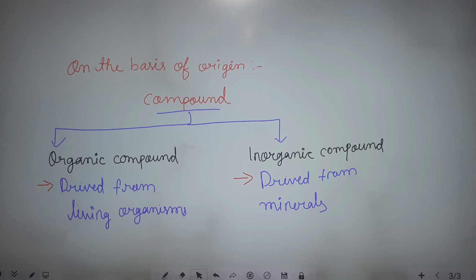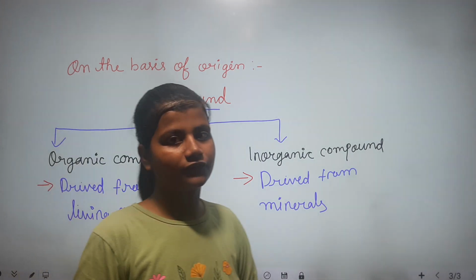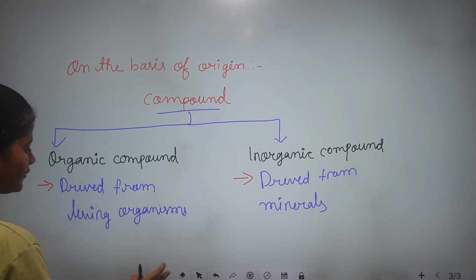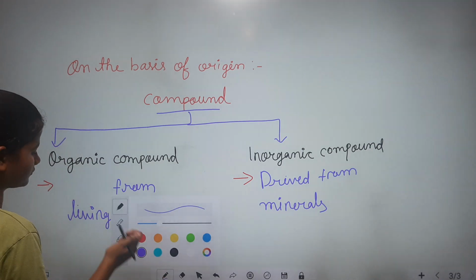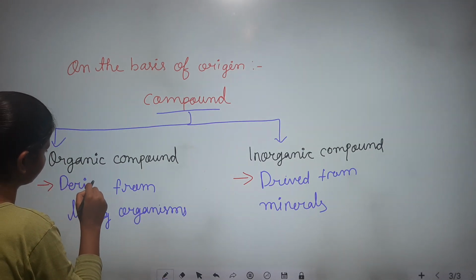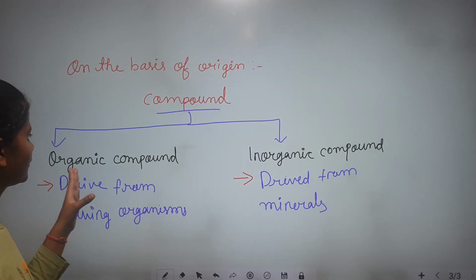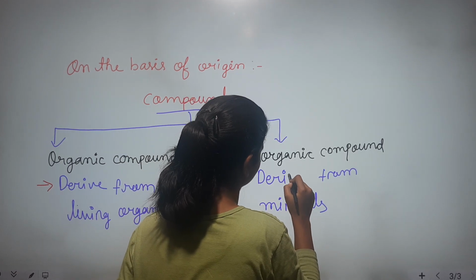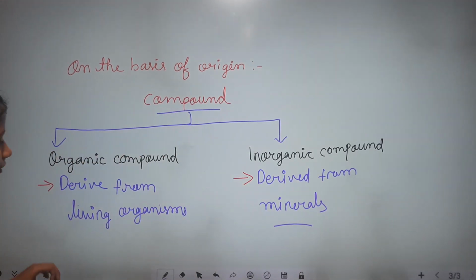So on the basis of origin, compound is divided into two parts: organic compound and inorganic compound. Organic compound is derived from living organisms, and inorganic compound is derived from minerals.